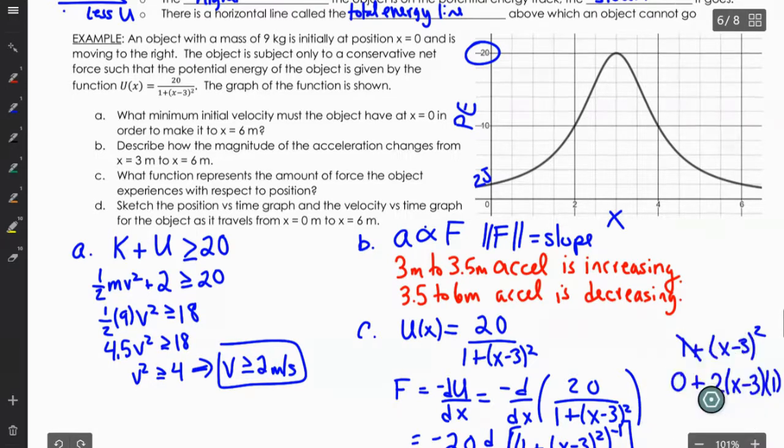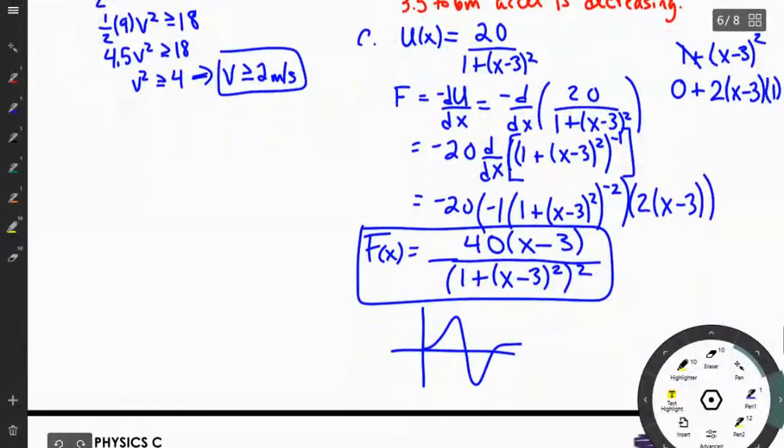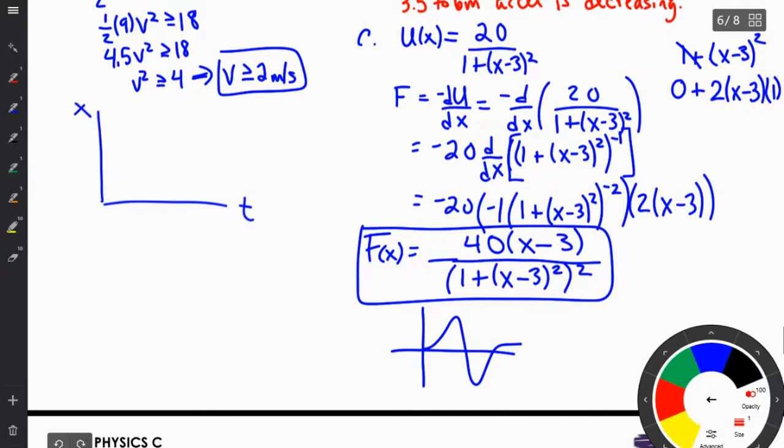And so what does that look like in a position versus time graph? So we have position, time, and we're going to negatively accelerate. And then essentially we're going to be constant for a little bit or near constant. So negatively accelerate, be constant, and then we're going to positively accelerate.